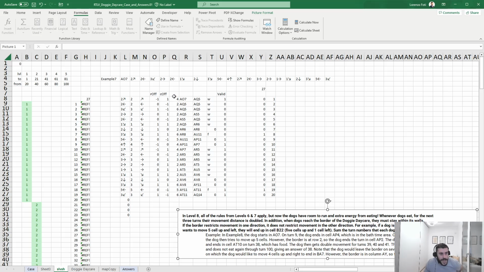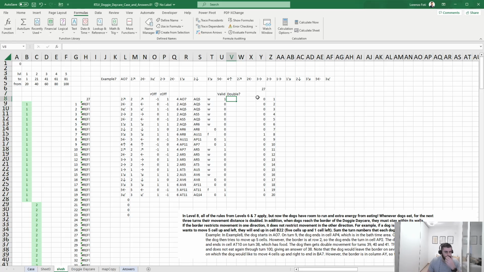Okay, so let's start from this, which is simple. So double. Let's call it multiplier food. I like it better. So this is one.